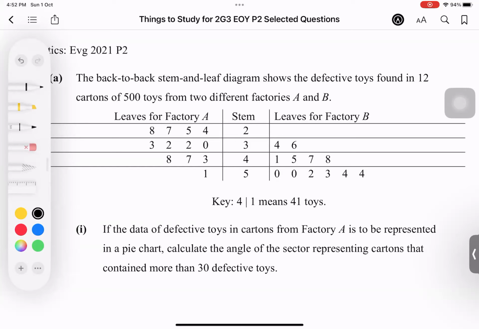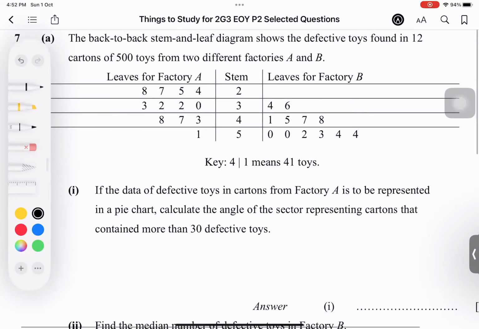If the data of defective toys in cartons for factory A is to be represented in a pie chart, in total there are 12 of them here: 1, 2, 3, 4, 5, 6, 7, 8, 9, 10, 11, 12. So 12 cartons represent 360 degrees. Calculate the angle of the sector representing cartons that contain more than 30 defective toys. For one of the cartons, 30 is not included.